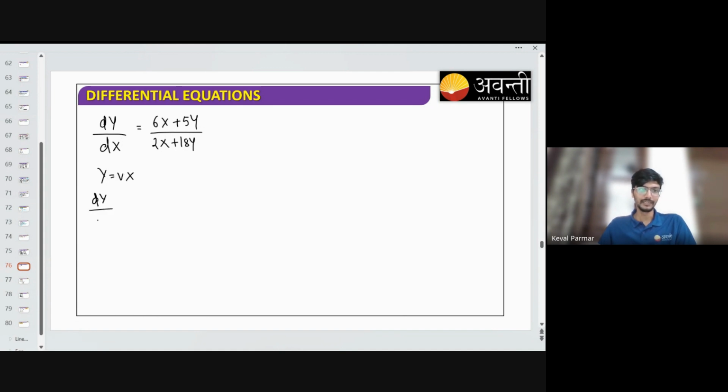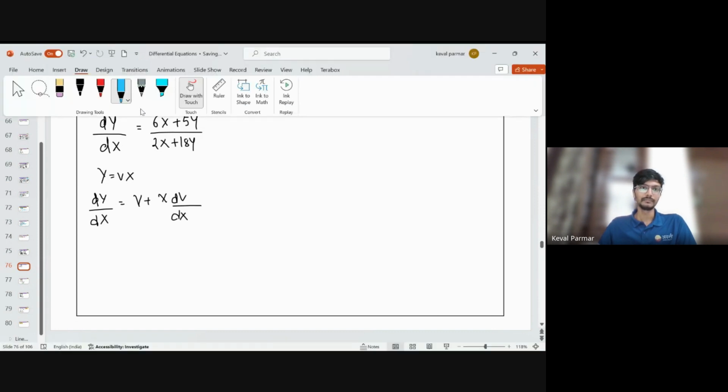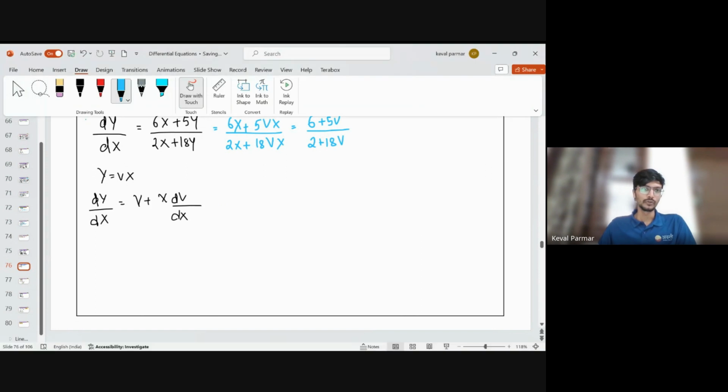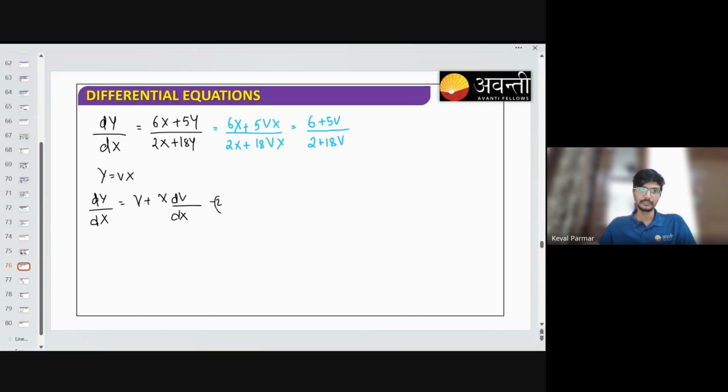That means dy over dx will be equal to v plus x dv over dx. So my equation will become 6x plus 5vx upon 2x plus 18vx. I can take x common and cancel it. So 6 plus 5v upon 2 plus 18v. Mark it as equation 1.